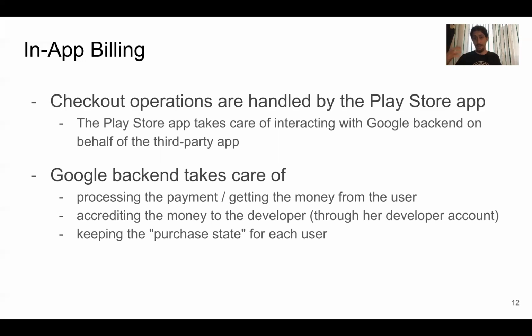Did the user already buy this specific item? So you can ask these things. And that's good also because the user doesn't fear losing money if he changes phone. I buy object X. I'm confident that if I change phone, as long as I keep logging in with my Google account, I'm not going to lose object X, which is good. Okay.